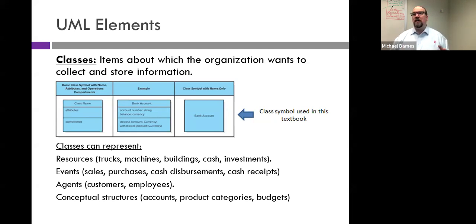The one reason I mentioned that these are entities is because you notice there's a fourth item here. This is not an entity, but it still qualifies as a class, okay? So to speak, all entities are classes within a UML diagram, but not all classes are necessarily entities. The fourth type of item is going to be called a conceptual structure. So these are going to be accounts, product categories, budgets.